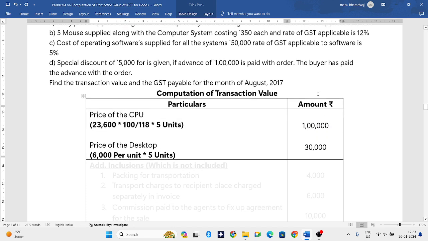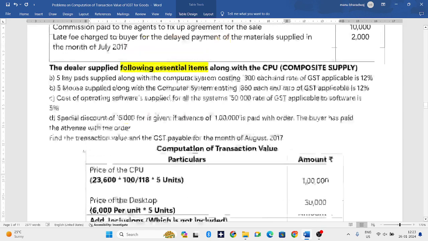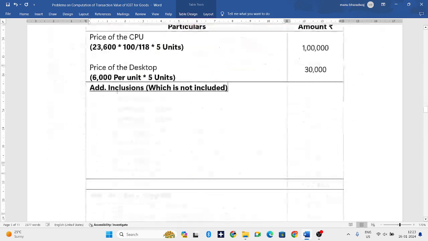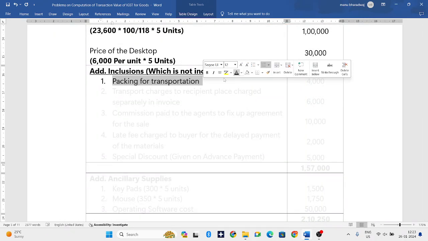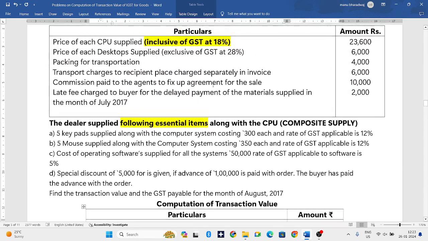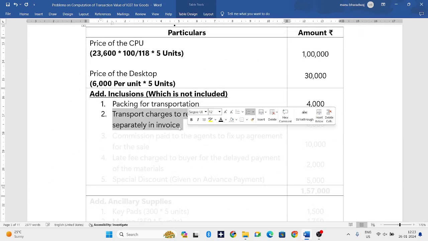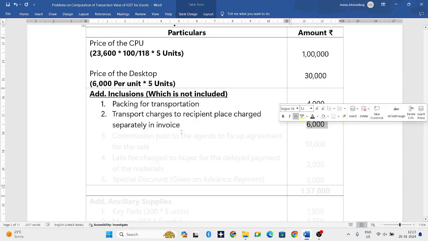Now, whichever items are not included, we have to include. So we have packing for transportation, that is 4,000 rupees. Next, transportation charges to the recipient place, 6,000 rupees.